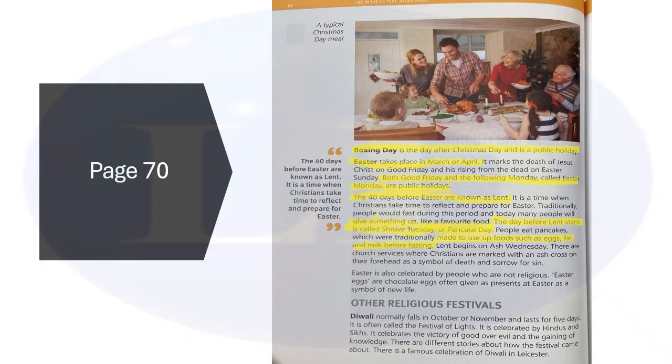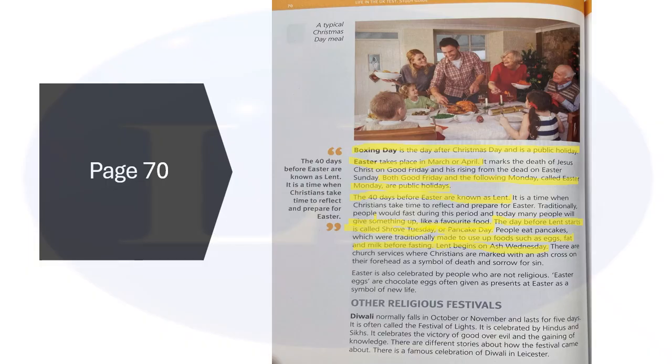Lent begins on Ash Wednesday. Now, before this Wednesday, the Tuesday is known as Shrove Tuesday, and Lent begins on Ash Wednesday. So on Tuesday, people eat pancakes, and then on Ash Wednesday, they start their fasting.